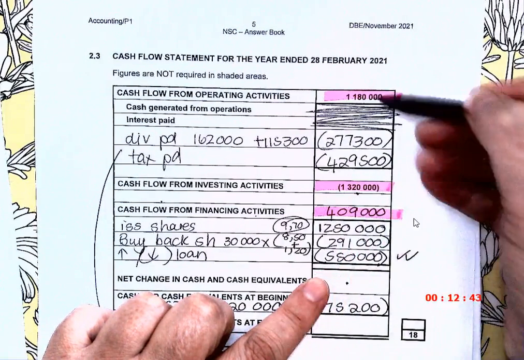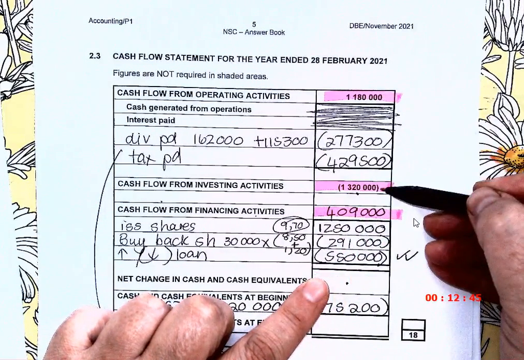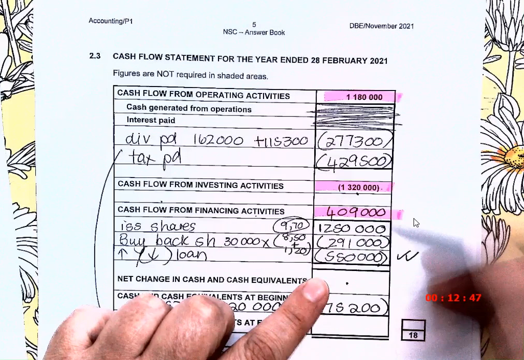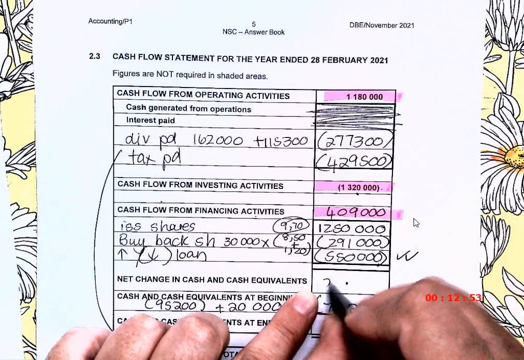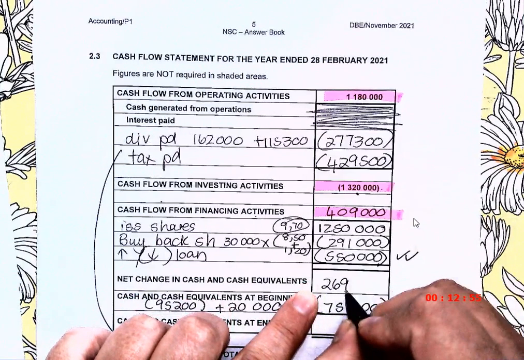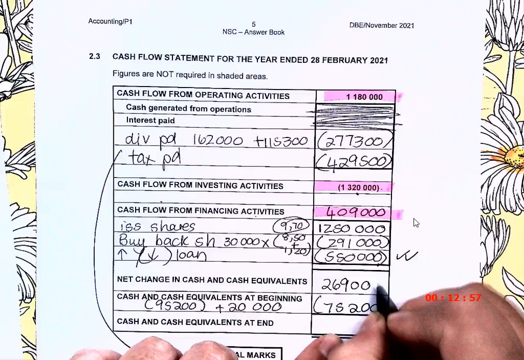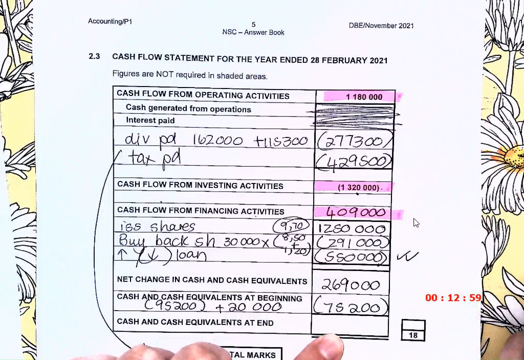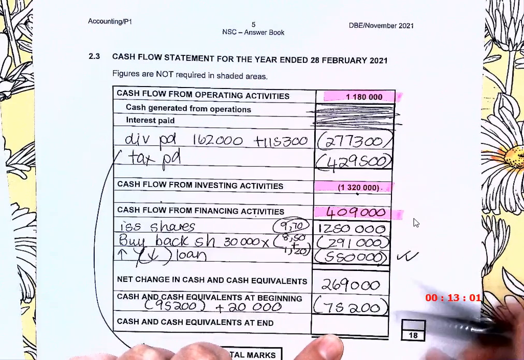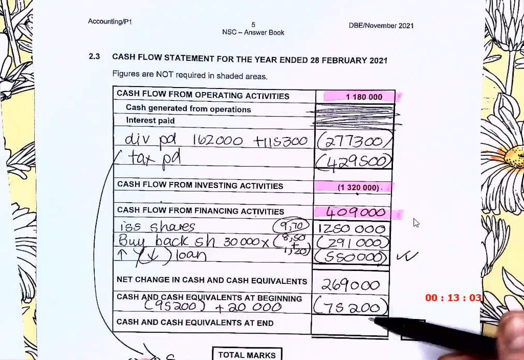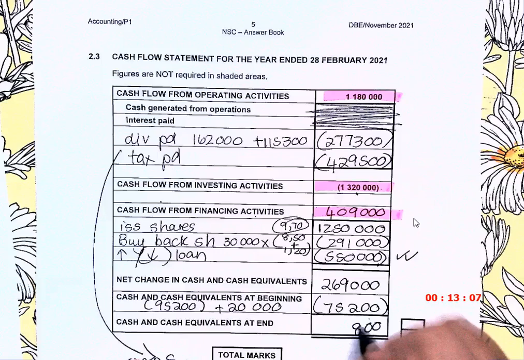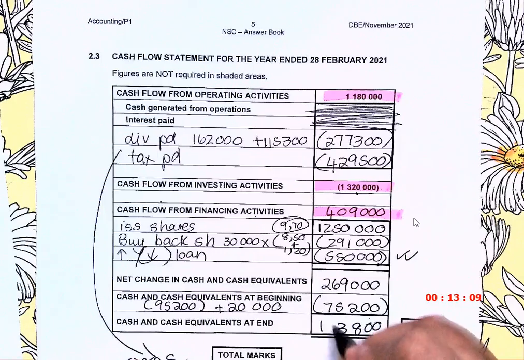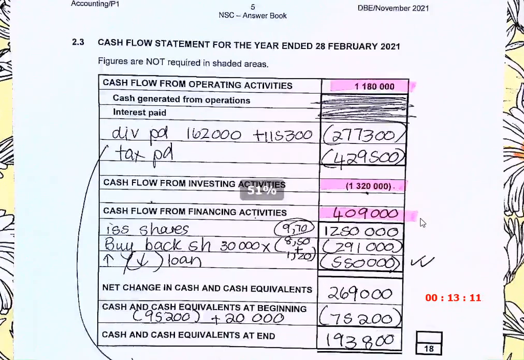So 118 less 132 plus 409 gives me 269. Okay. Now I just go down, so it's 269 less 75. So this gives me 193.